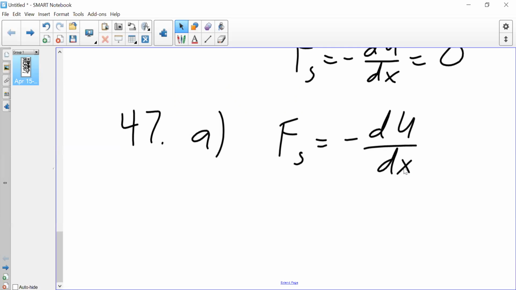Any takers? Anybody out there? What is the slope at A, or the derivative? Yes, it is 0. There may be some confusion there because it's kind of slopey, but no, it's 0.